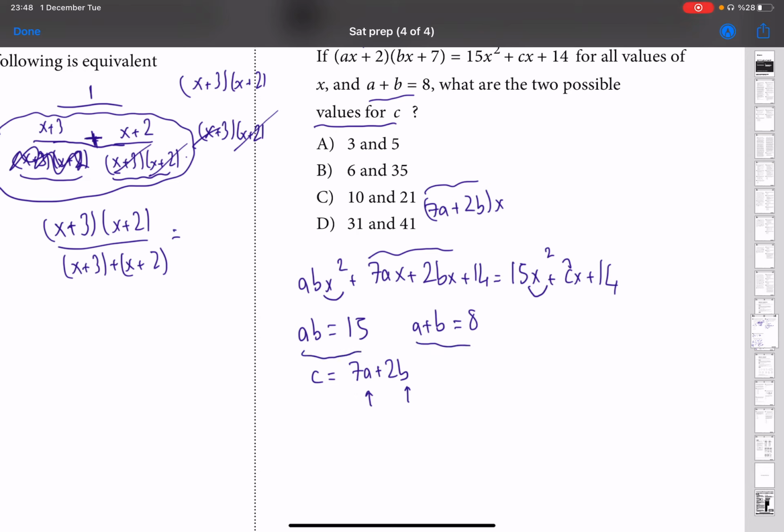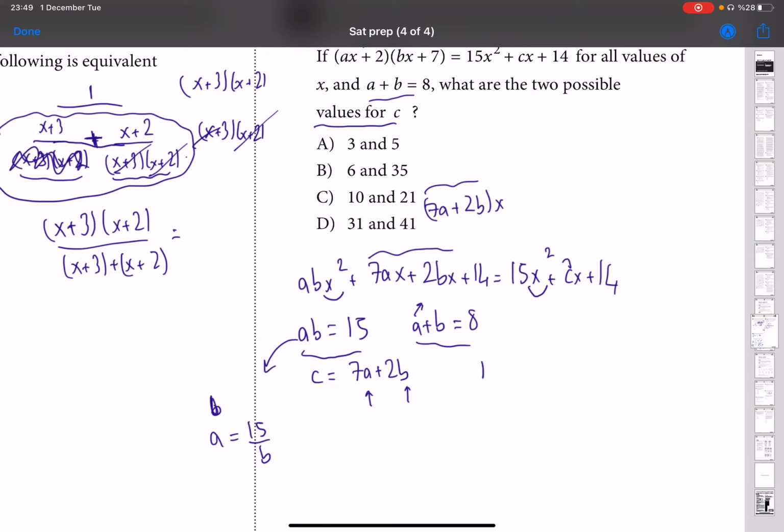Let's substitute a from this equation: a is equal to 15 divided by b, right?